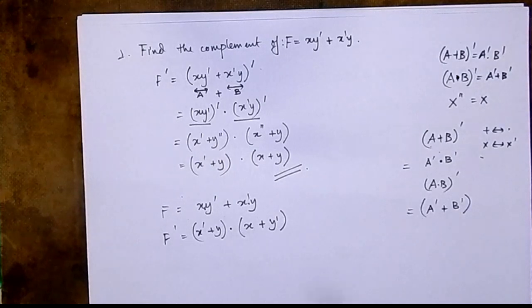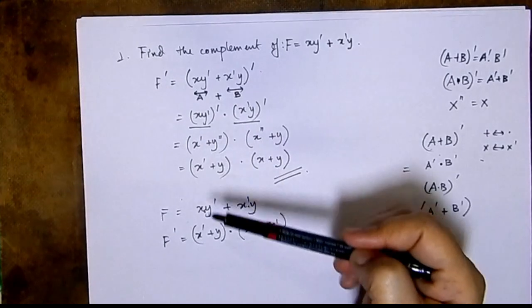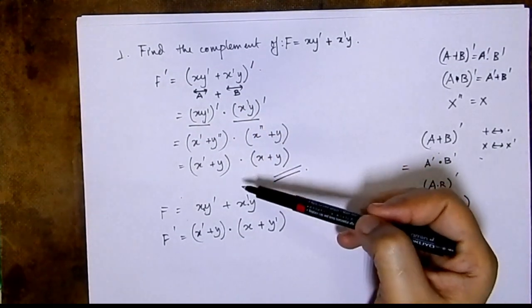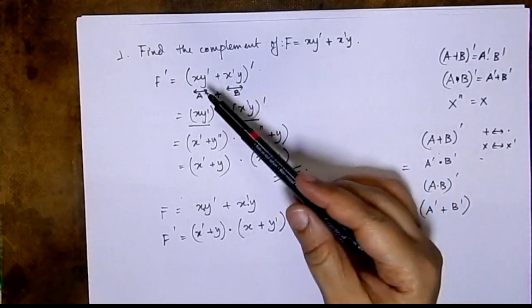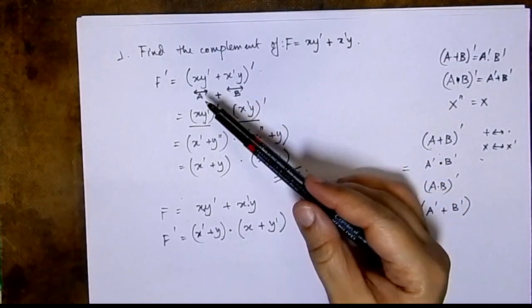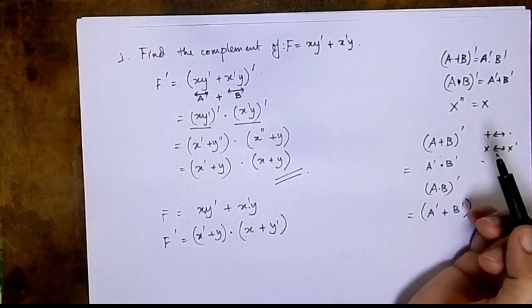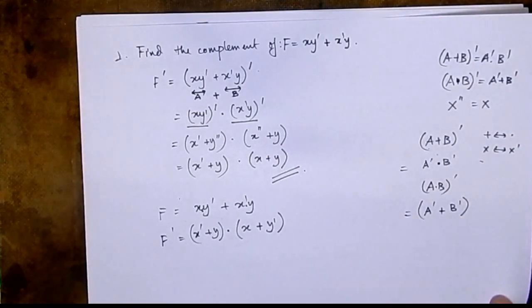Then you must be thinking that if we can directly find the complement of any expression in this way, then why do we go through all these steps? Because it is not always so easy to find the complement. Usually when the terms and the expressions are in canonical form, you can do it in this way. Otherwise the answer should be something else. Let us see an example of such a kind. Let's do another example.